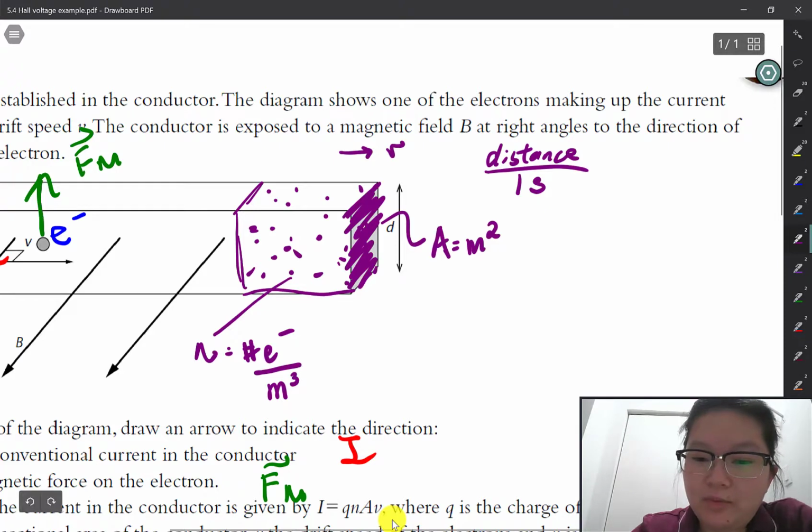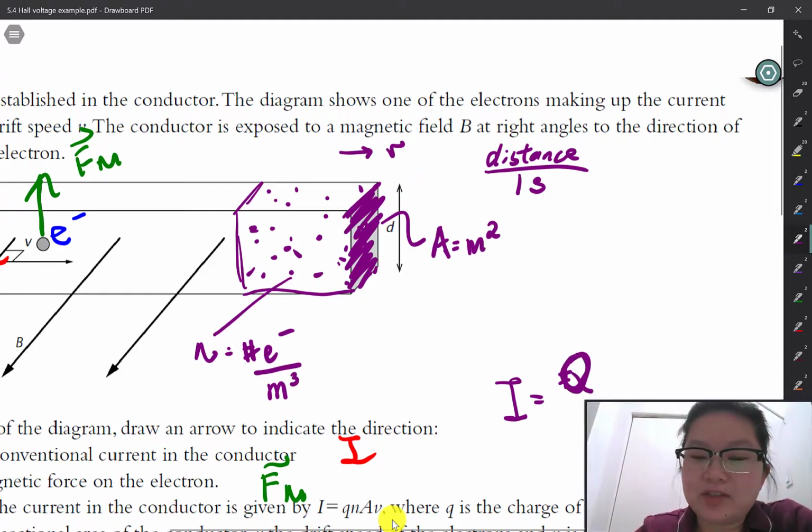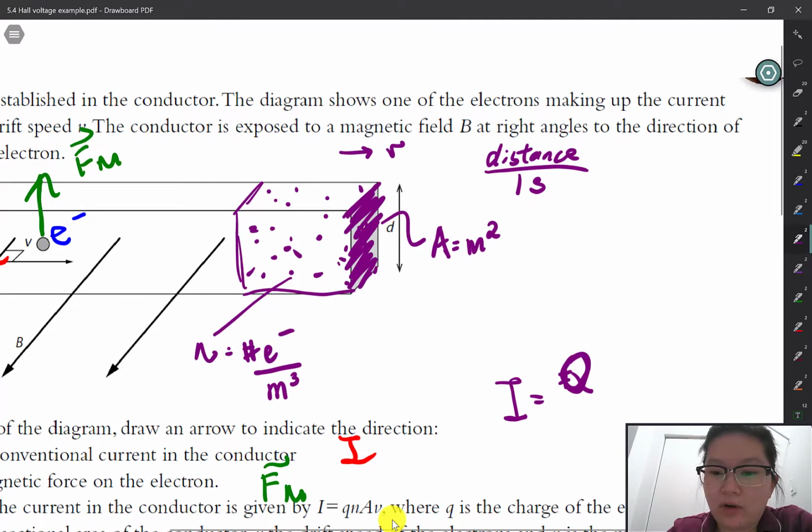So ultimately, we want the current to be the total charge that passes a specific cross-sectional area of your wire per unit of time. Okay, so that's what we want.